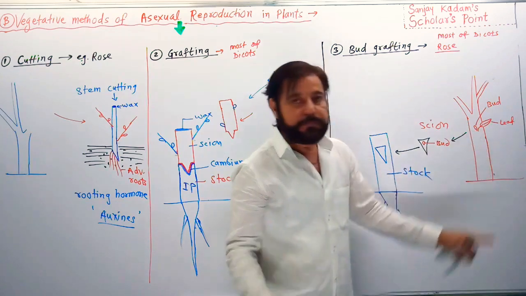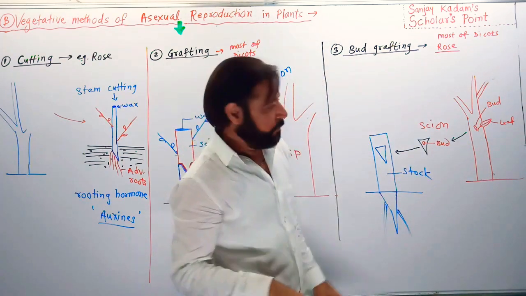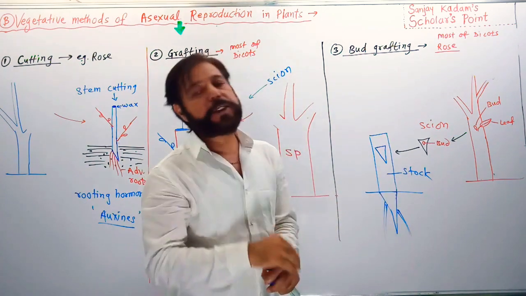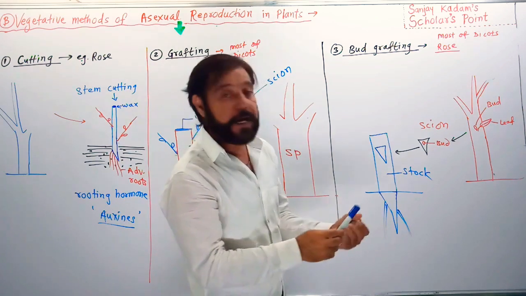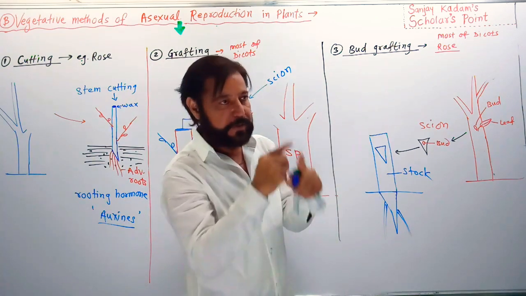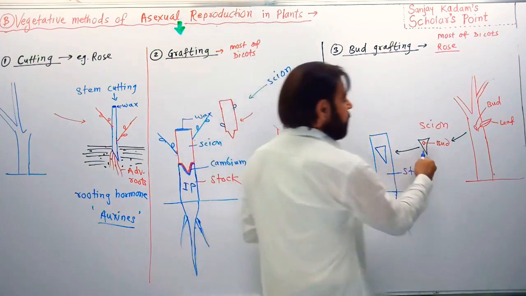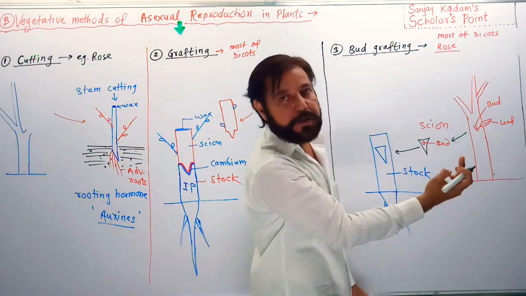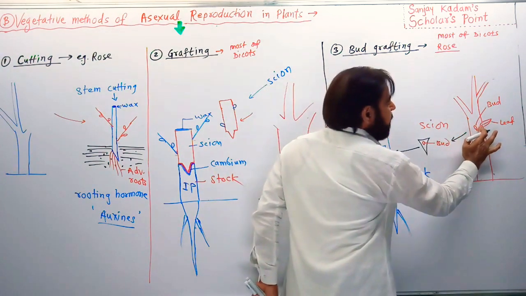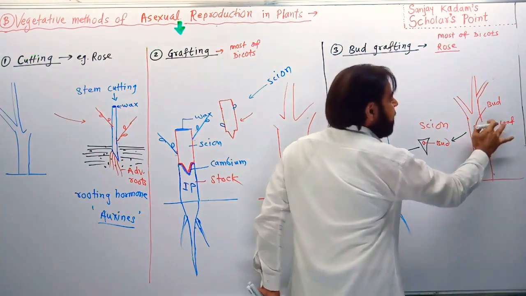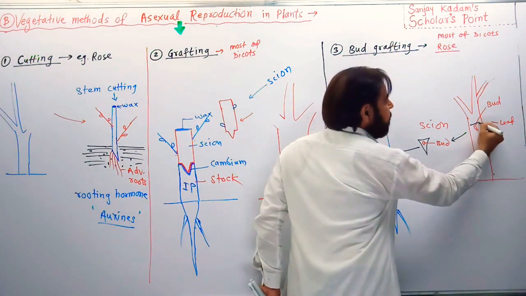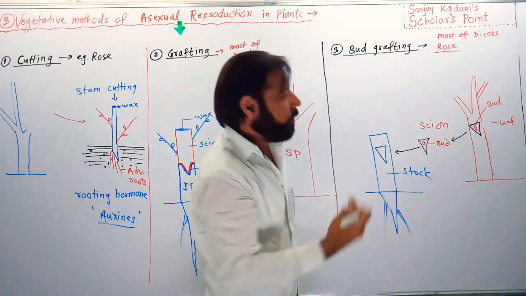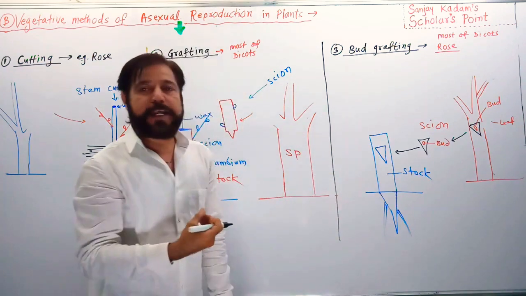Instead of cutting a big branch like this, only a bud portion is removed from the depth where the cambium is present. Here a T-shaped cut, like the English letter T, or a triangular cut is given. First, the superior quality bud is selected, the leaf is removed, called deleafing, and then a cut is given in such a manner that the bud is removed from the stem of the superior quality plant.